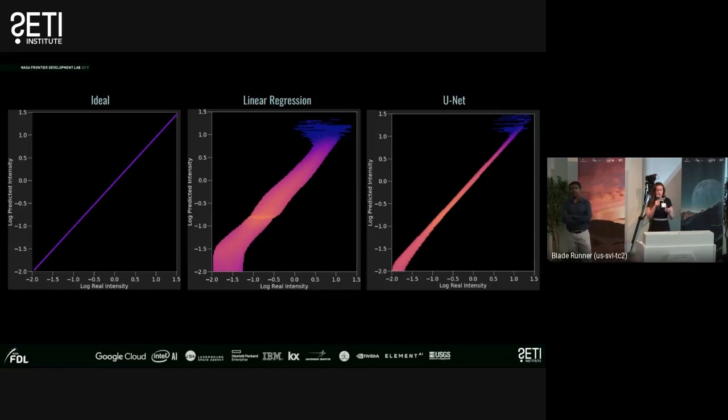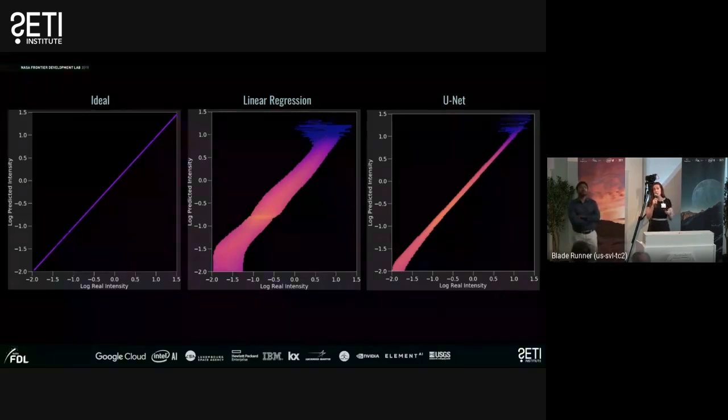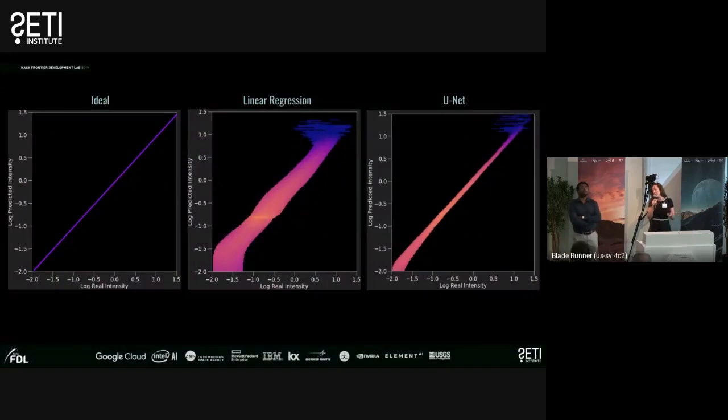In the ideal model, we will get a completely straight line. What we're able to get with a UNet architecture is what you can see on your right. It's not perfect, but it's already much better than what we can obtain with a simple linear regression. That is the image in the middle, and that was our baseline.